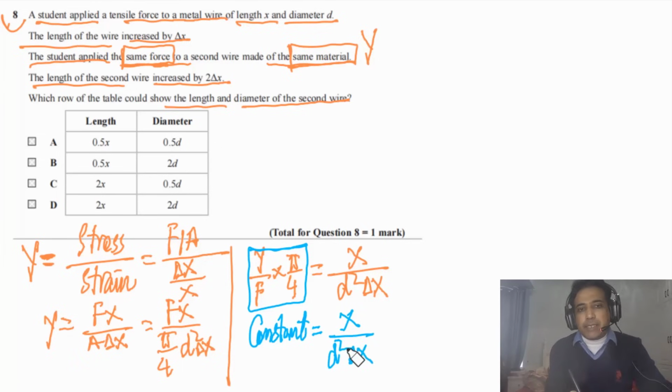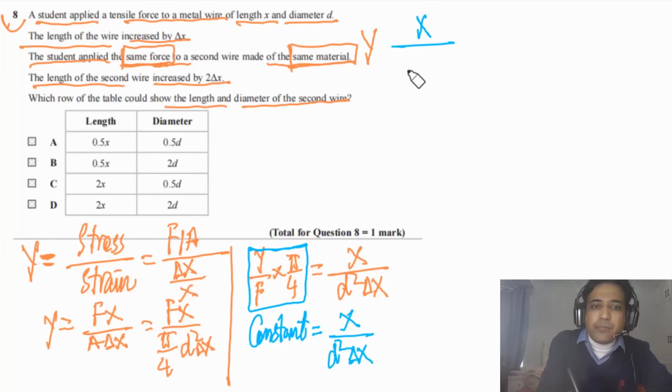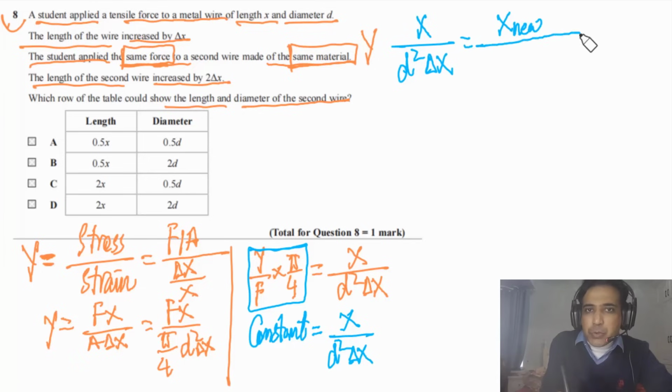So it simply means that the ratio between these quantities for two wires is constant. So we can write here, for one wire x divided by d square, and here we have delta x. For the second wire, we need to find the value of x new, and we need to find the value of d new, and we have the extension, that is 2 times delta x.